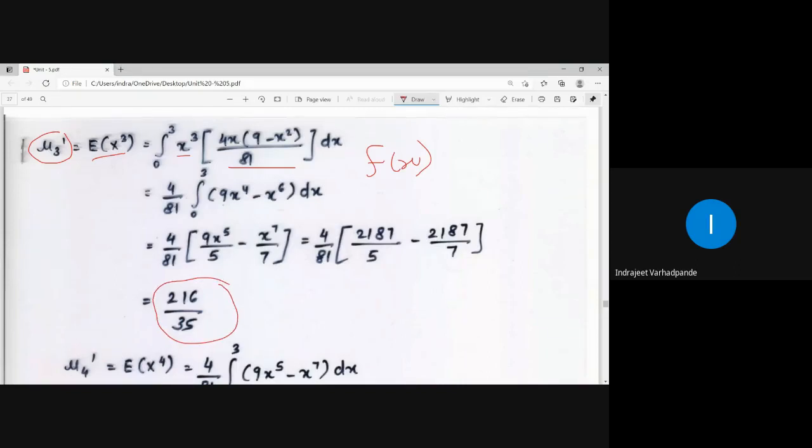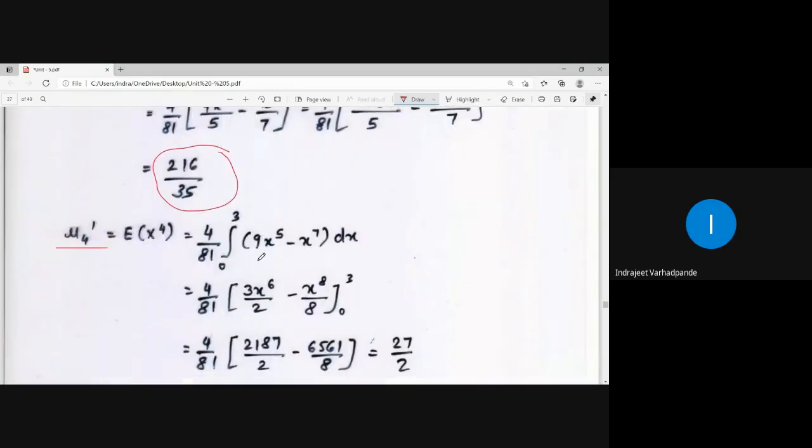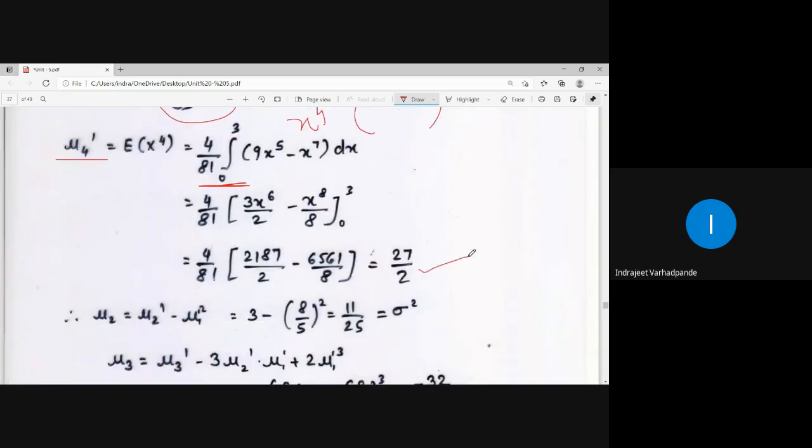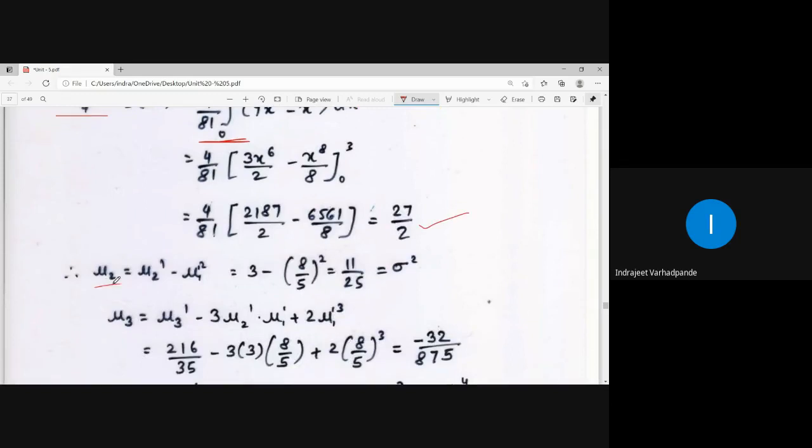What is the answer for mu4 dash? Mu4 dash is expectation of x to the power 4. Multiply x to the power 4 to the given function and integrate it between the interval 0 to 3. That answer comes out to be 27 by 2. What is mu2?